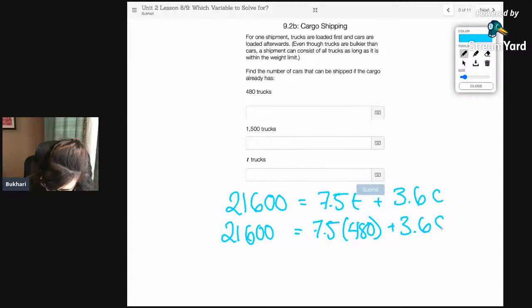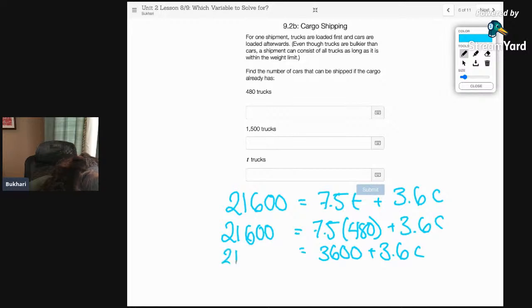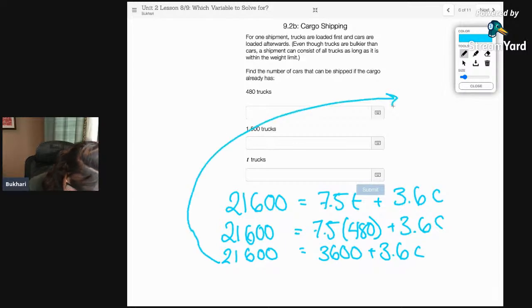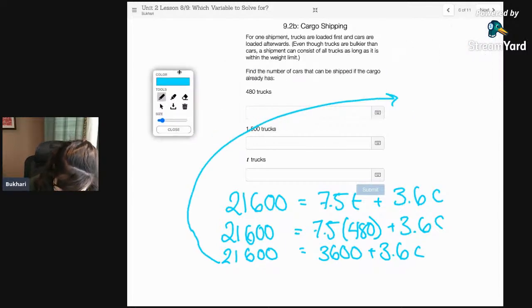And so 480 times 7.5 gives you 3,600 plus 3.6 C equals 21,600. I'm going to run out of space, so let me come over here. So now I subtract 3,600 from both sides because I want to isolate my variable.